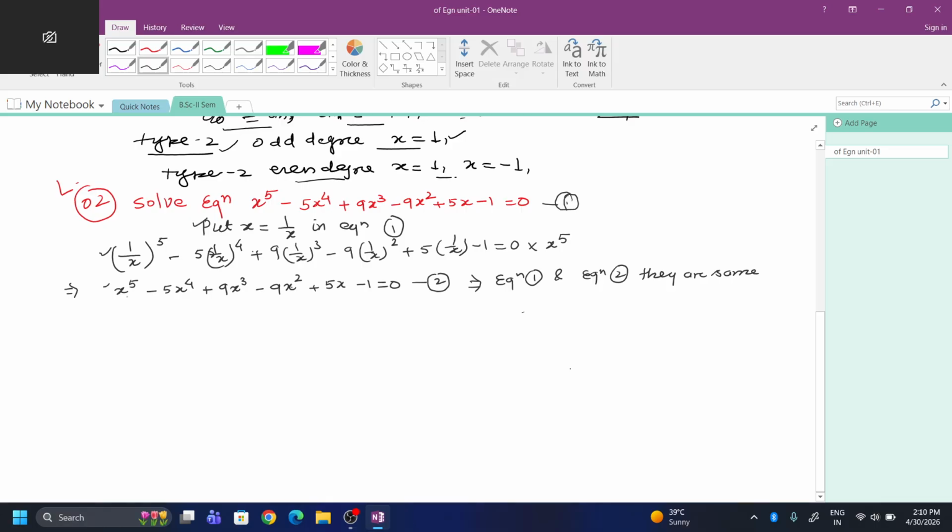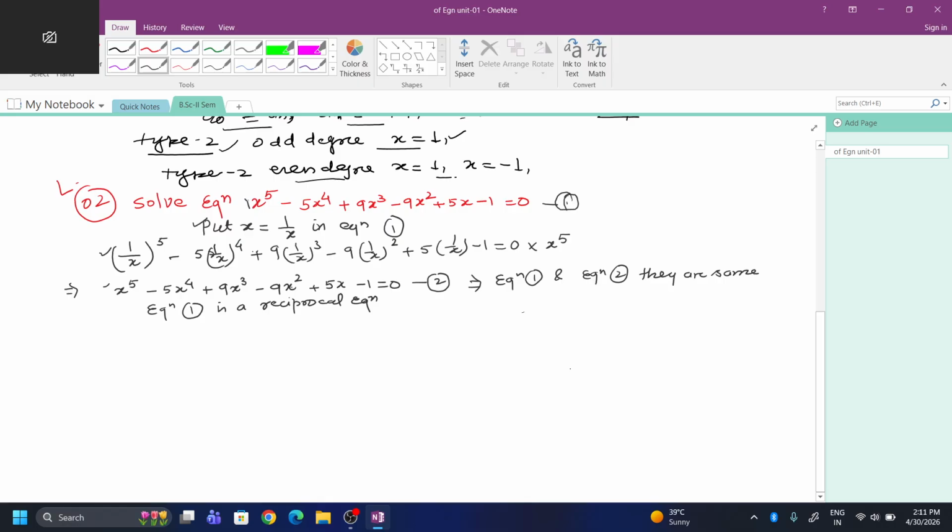Okay. So equation 1 is a reciprocal equation. Now it is a reciprocal equation. So what is our next step? To identify the type of the reciprocal equation.